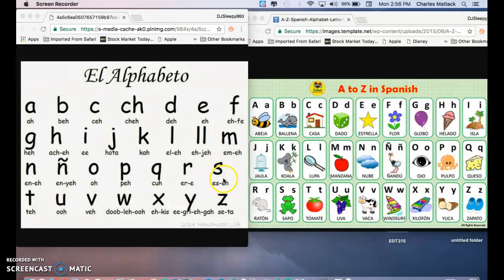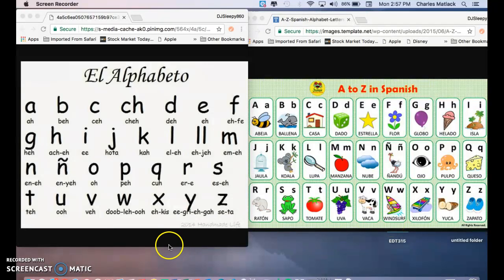S, sapo. T, as in tomate. U, as in uva. V, as in vaca. W, as in windsurf.